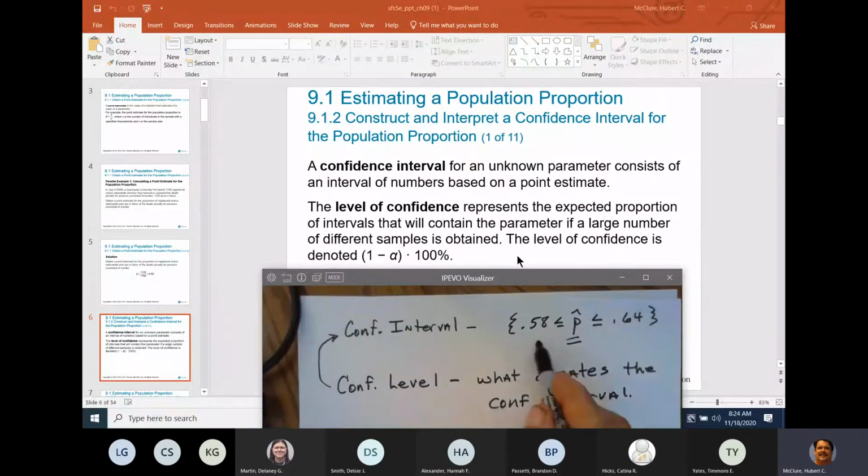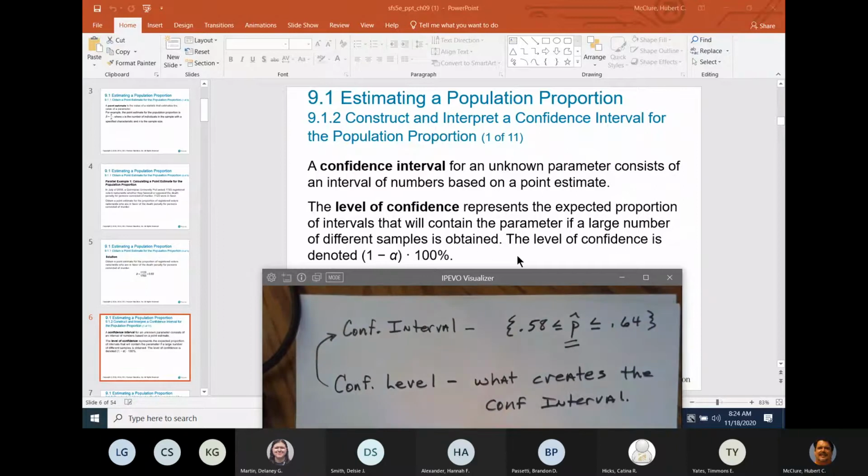The 0.58 and the 0.64 is based on the confidence level. The confidence level represents the expected proportion of intervals, these guys up here, that will contain the parameter if a large number of different samples is obtained. The confidence level, or the level of confidence, is denoted 1 minus alpha times 100.